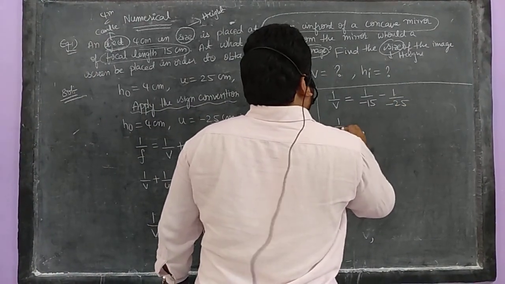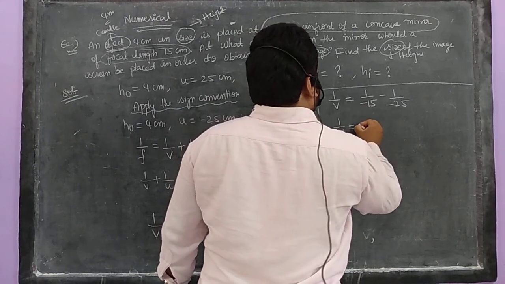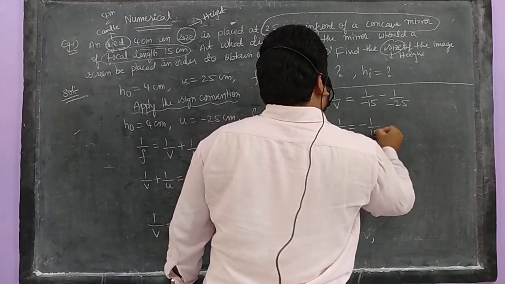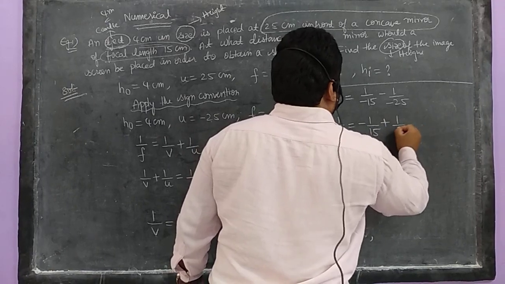So 1 by V is equal to 1 by minus 15 minus 1 by minus 25, which is minus 1 by 15 plus 1 by 25.